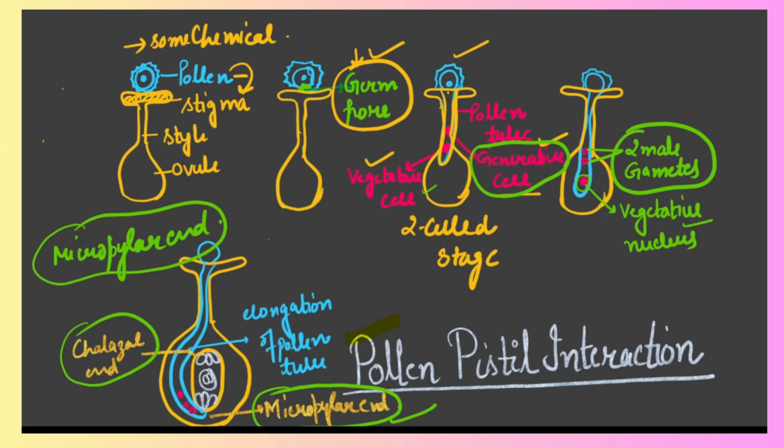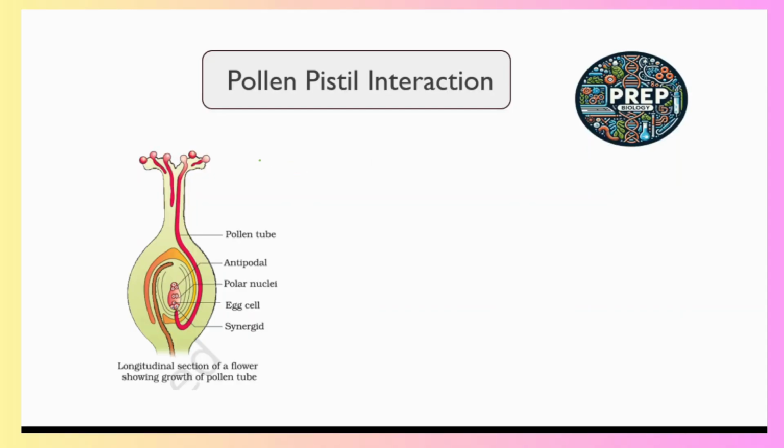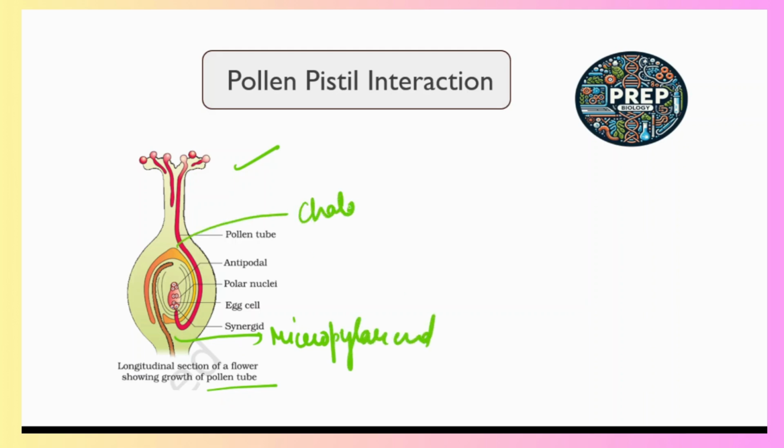If we see this picture, this is the structure of the LS of a flower that shows the pollen tube. This is the micropylar end, and this is the chalazal end.